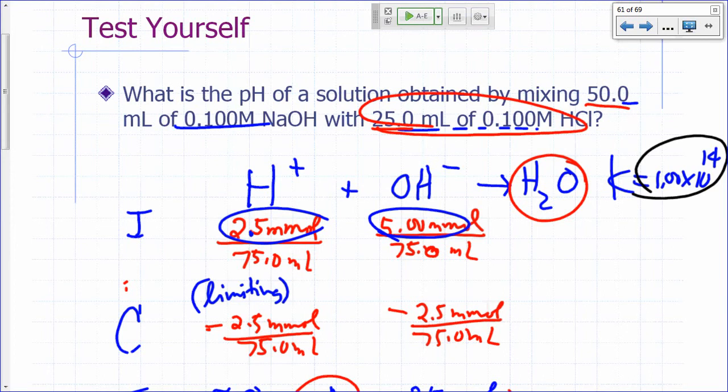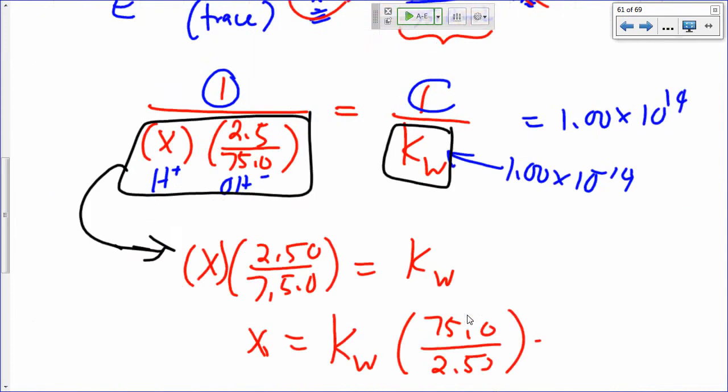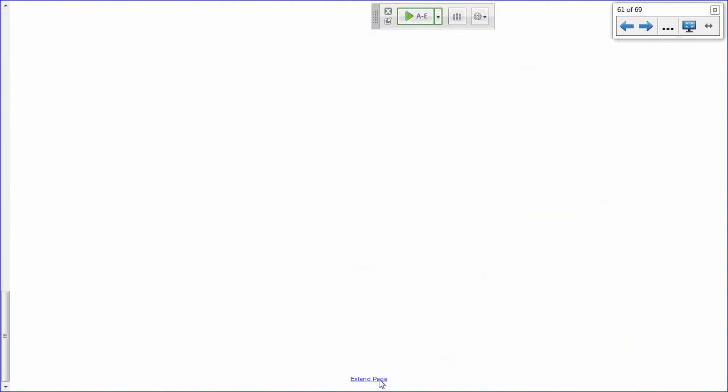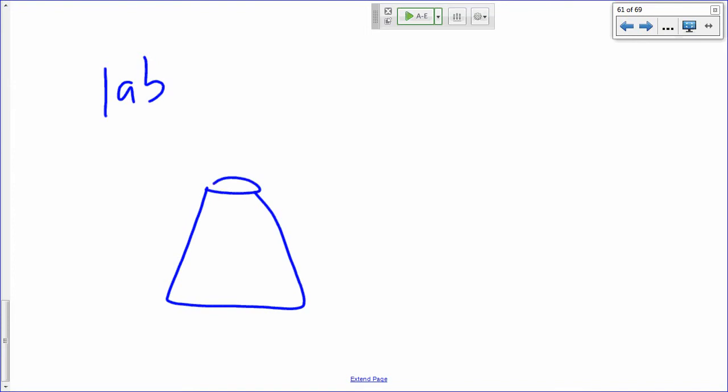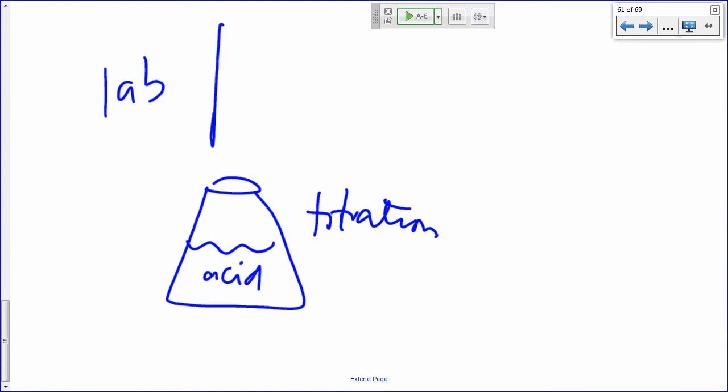If you were in the lab, there's a procedure that you do in the lab called titration, where you have an acid here, and then you gradually add drop-wise your sodium hydroxide to the acid, okay?